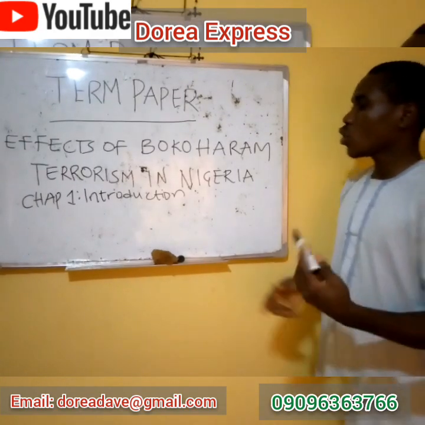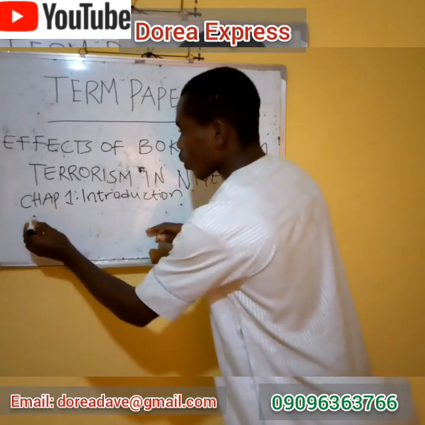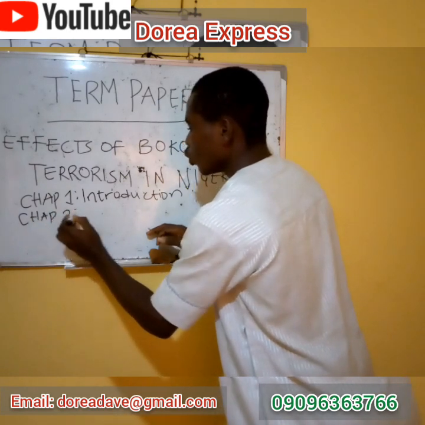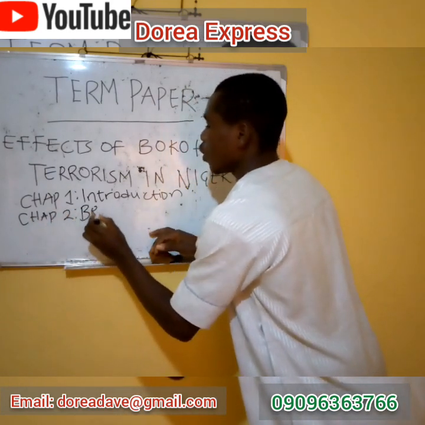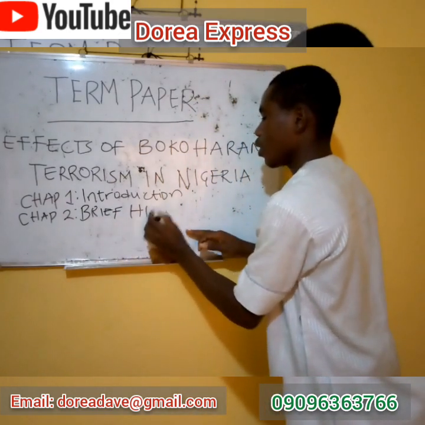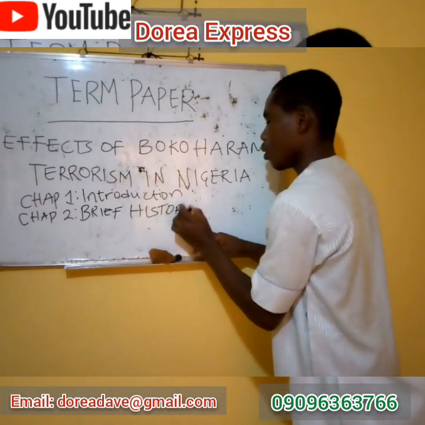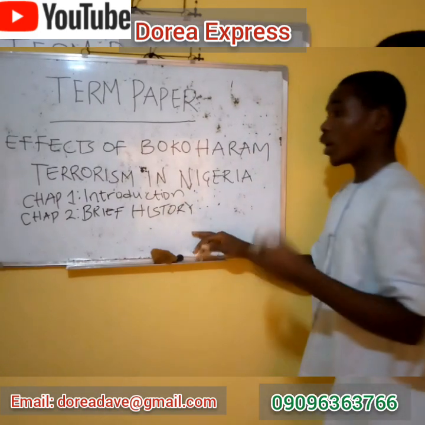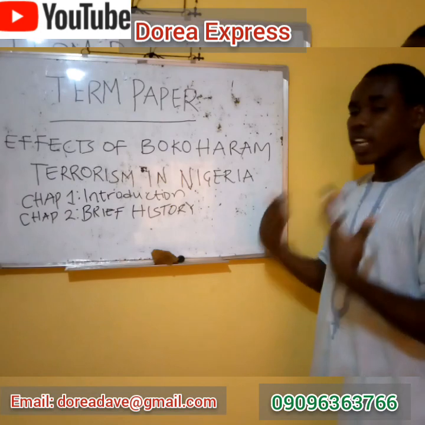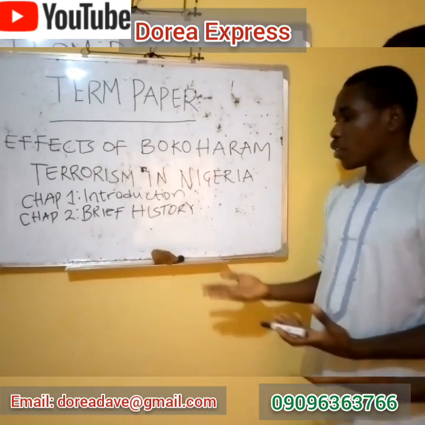Our chapter 2, we can make to be a brief history of Boko Haram terrorism in Nigeria. It can tell us how Boko Haram started in Nigeria. It's just a brief history.